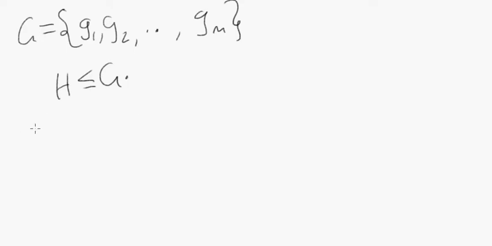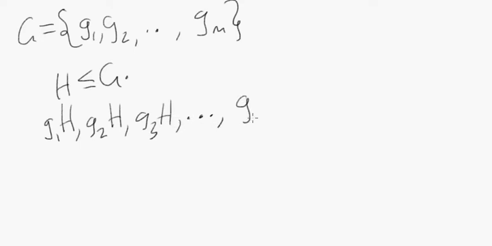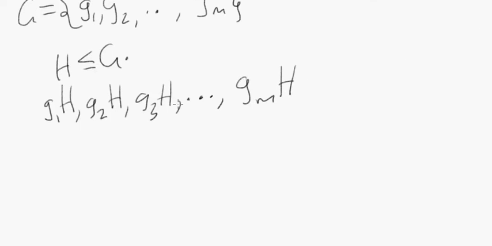So for instance, g1H is a coset, g2H is a coset, g3H is a coset, and so on and so forth, up to gmH. All those are cosets, right? So let's first look at a few ideas here. These are all cosets.